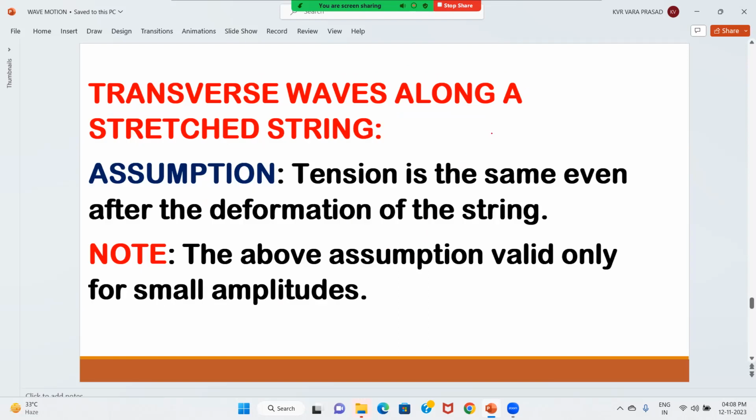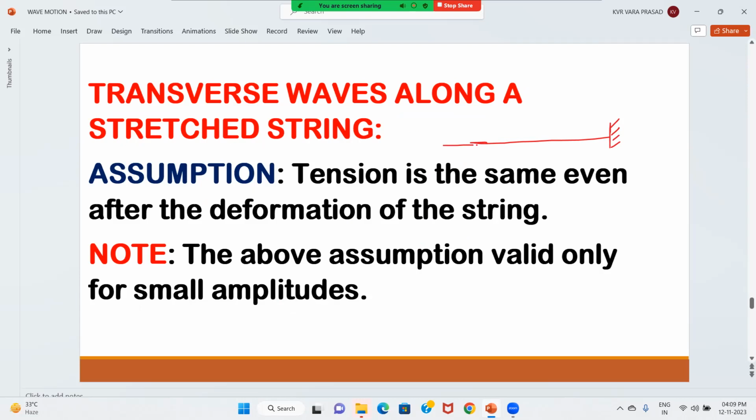Now we are discussing one special case, that is transverse waves along a stretched string. What is that? Take one long string, and let us say one end is fixed.